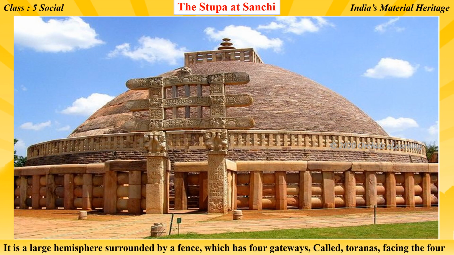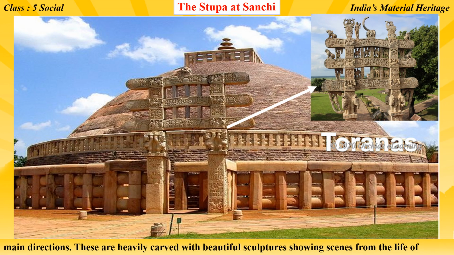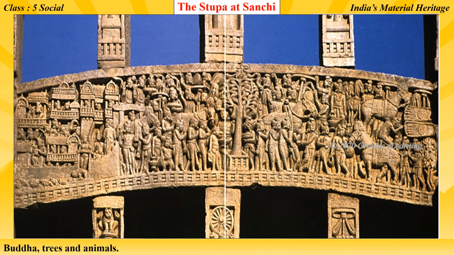It is a large hemisphere surrounded by a fence, which has 4 gateways, called Toranas, facing the 4 main directions. These are heavily carved with beautiful sculptures showing scenes from the life of Buddha, trees, and animals.